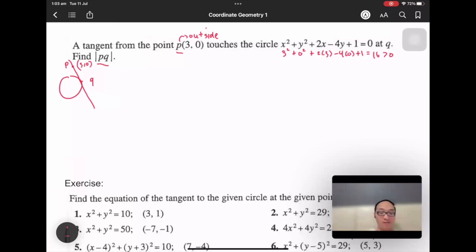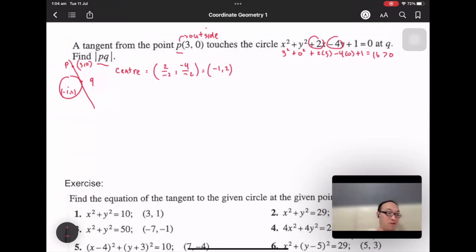Okay, yeah. Now find the center. The center of the circle is, this is A and B. So 2 over negative 2 and negative 4 over negative 2. So negative 1, 2. Okay.